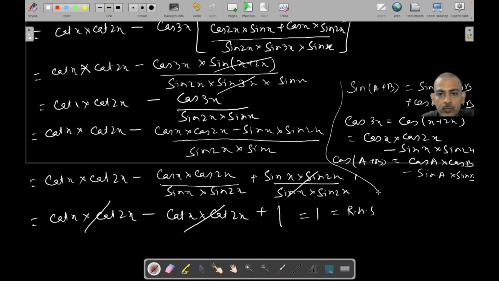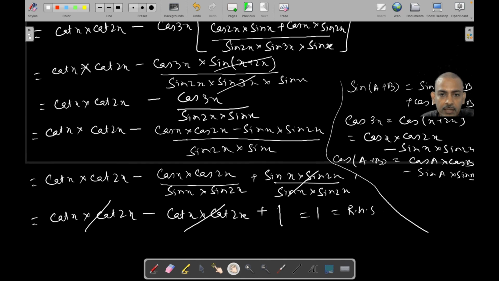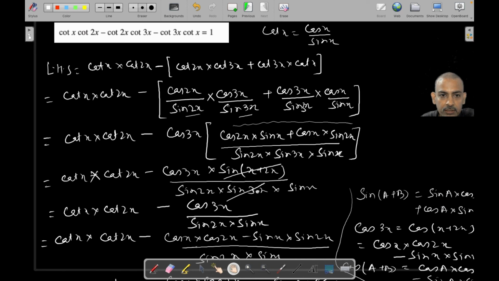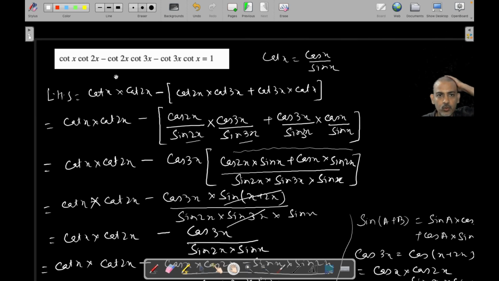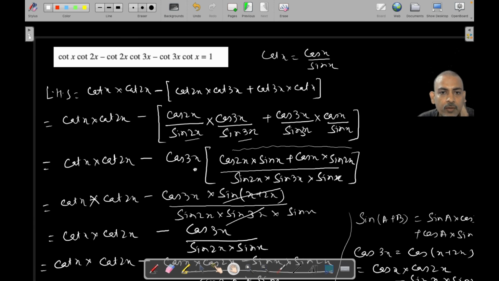Okay, so let's look back at this question again and try to understand what we did. We were given some expression in terms of cot x, cot 2x, cot 3x, and cot x into cot 2x. Since these two terms were negative and only one term was positive, we took this common and tried to reduce it to some form wherein the formulas were known to us.